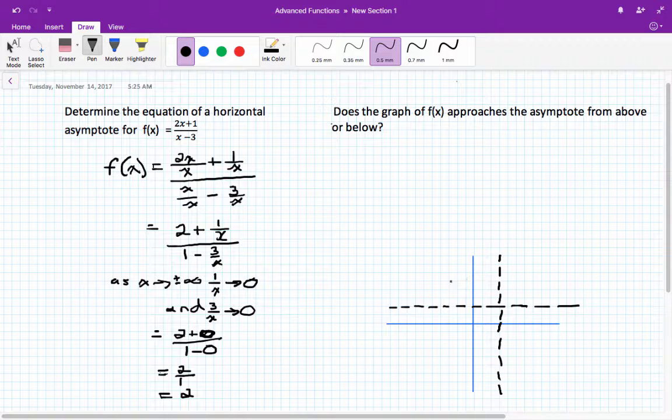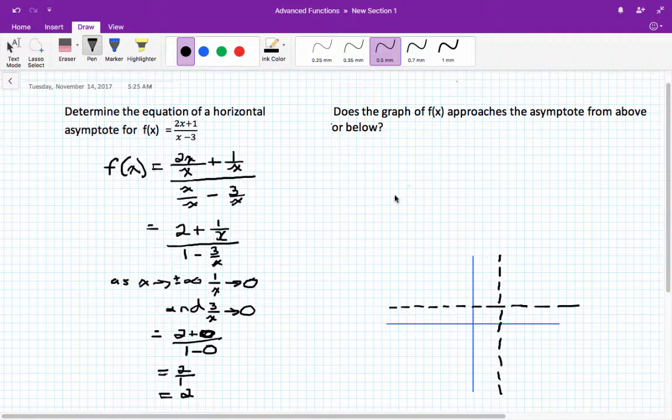And we can find out what happens near the vertical asymptote. Could use an interval table, but for the purposes of this example, I wanted to talk about whether the graph of the function approaches the asymptote from above or below.